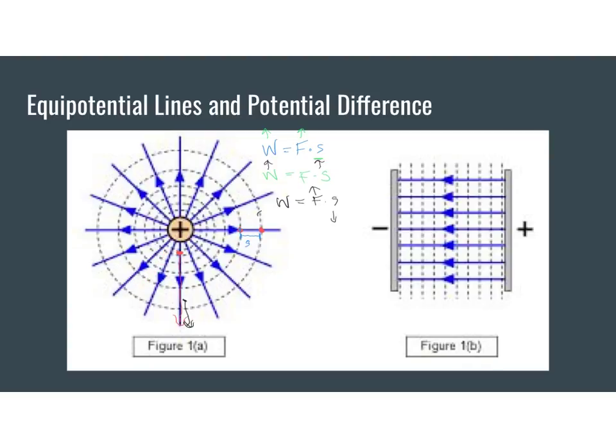They might be going up in 10 joules per coulomb. So this one here would have 50 joules per coulomb, this one here would have 40 joules per coulomb, 30 joules per coulomb, 20 joules per coulomb, and then 10 joules per coulomb. As I said, we're getting less and less potential as we come out because a point closer has more potential for the field to do work on it than a point further away.